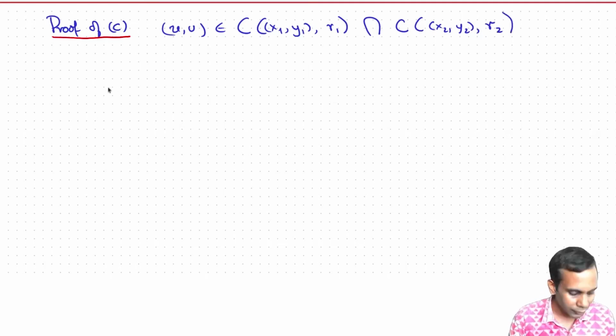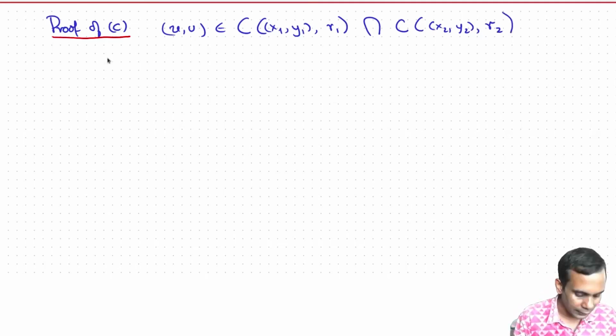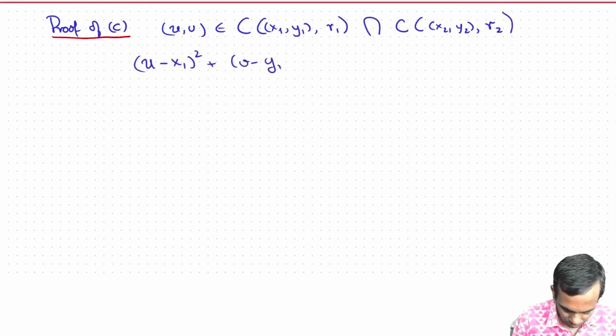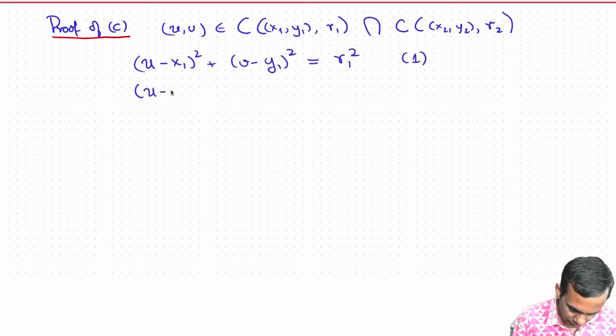Then this point (u, v) satisfies the equations (u minus x1) squared plus (v minus y1) squared equals r1 squared. This is equation 1. And (u minus x2) squared plus (v minus y2) squared equals r2 squared.